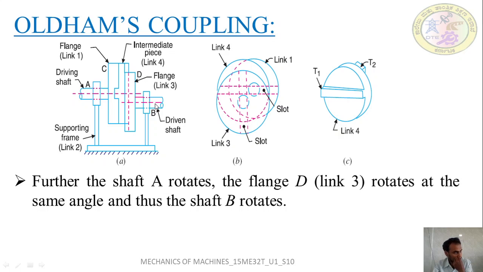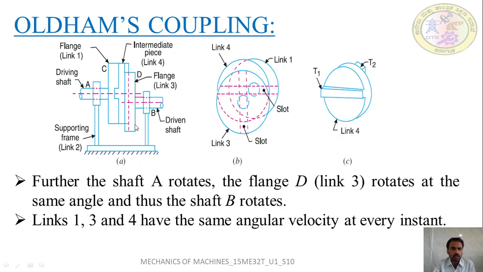So during the working, as the driving shaft A is rotated, it rotates the flange through the same angle. As the flange is rotated by the driving shaft, the intermediate piece is rotated at the same angle as that of the flange, which causes flange 3 to rotate at the same angle as that of the driving shaft, which causes the driven shaft to rotate.